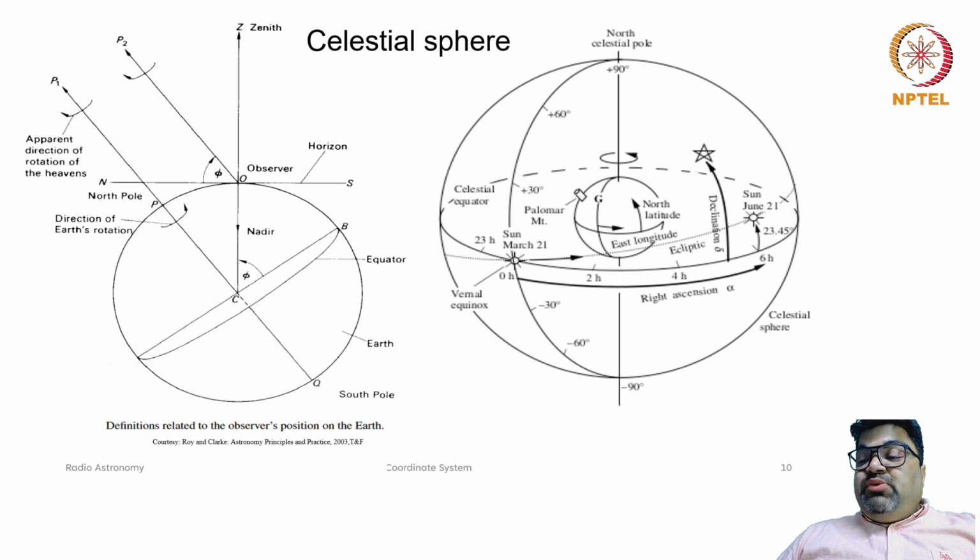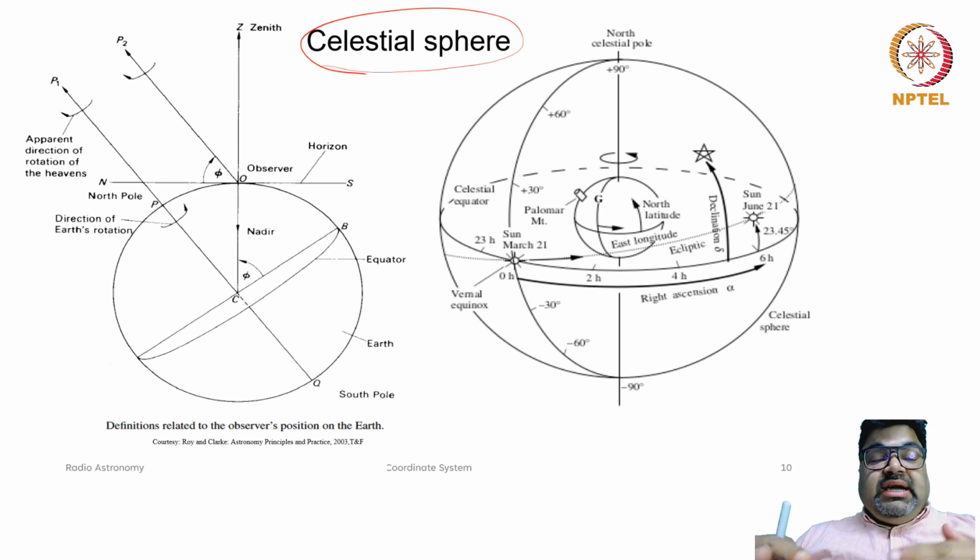As we motivated in the last few slides, we designed something called a celestial sphere. The celestial sphere is a kind of imaginary sphere centered on the Earth, where the center of the Earth is the center of the celestial sphere as well. There are a couple of other things which have to be defined.